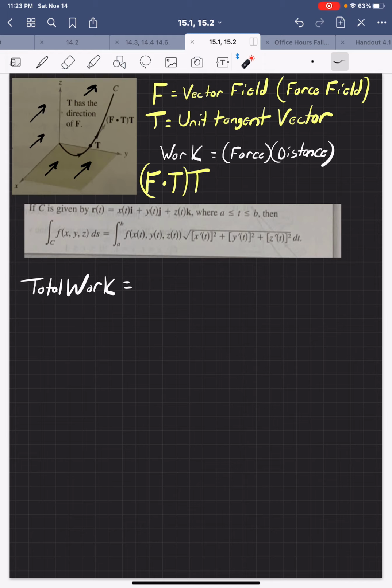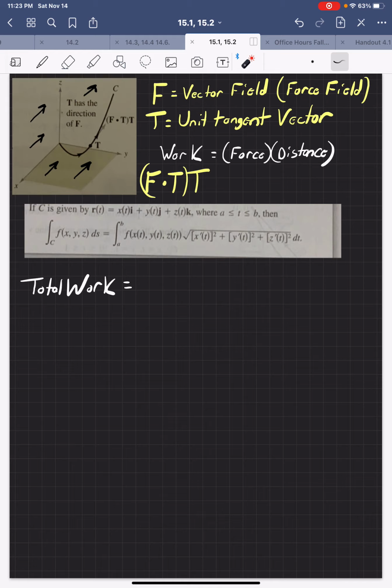But we don't want just the amount of force on some tiny little arc, right? We want to know, if that object's moving through that path, how much force has accumulated. What is the totality of force on that object? To do that, you're going to need an integral, and in fact, a line integral.